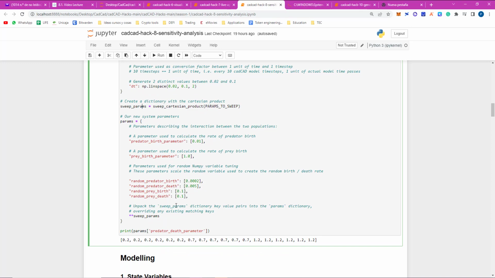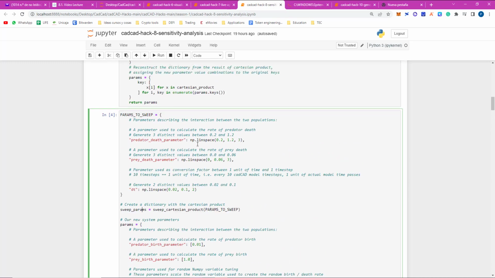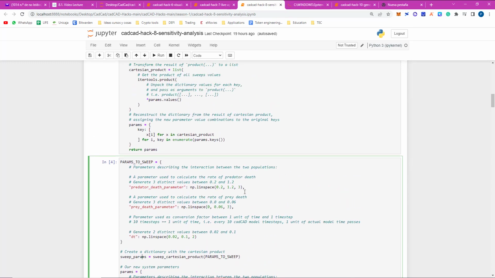Yeah, but I actually have a question, because I don't really understand how different that is from just creating the parameters within the params dictionary. That would automatically do it as well. Why do they do a Cartesian product? Because you want to be able to change all of this. Imagine you want to create six or seven different ones.